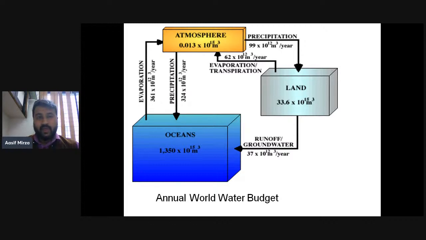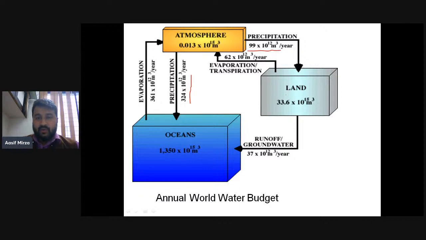Okay, so the atmosphere has 0.013 into 10 raised to the power 15 meter cube of water, and that is to be precipitated in the ocean as well as on land. So you can see here in the figure, the precipitation in the ocean is 324 into 10 raised to the power 12 meter cube per year, and precipitation on land is given as 99 into 10 raised to the power 12 meter cube per year.